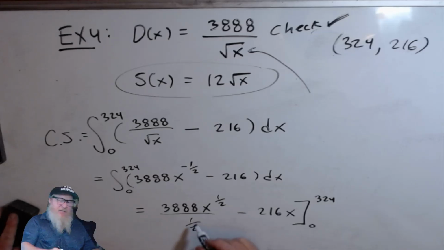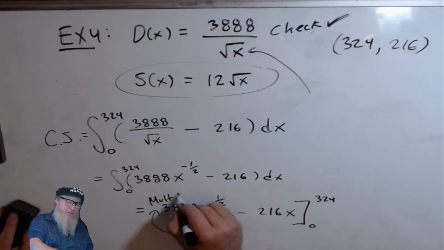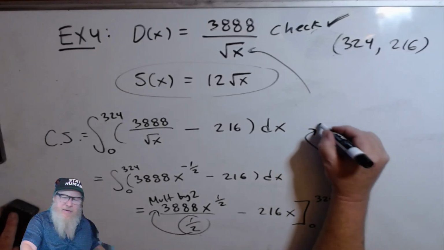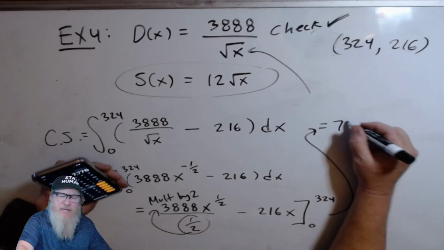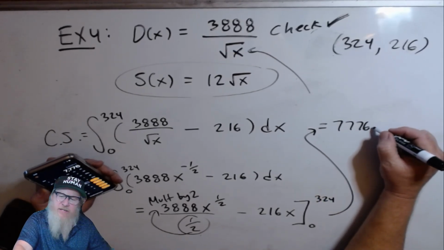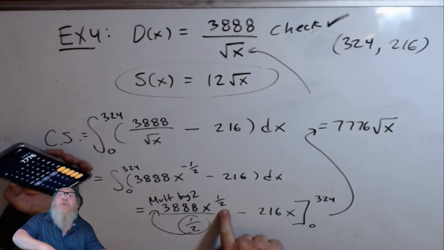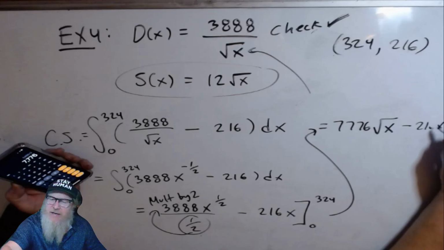All right. So dividing by 1/2 is the same as multiplying by 2. So I'm going to get 3,888 times 2, 7,776. Now I'm going to put it back into radical form times the square root of x minus 216x.